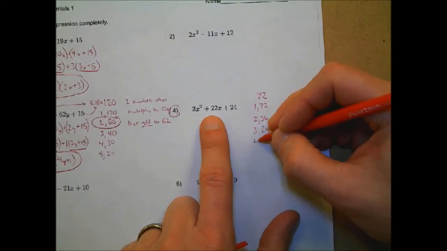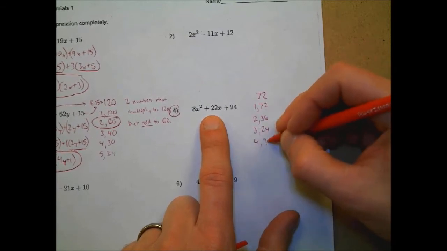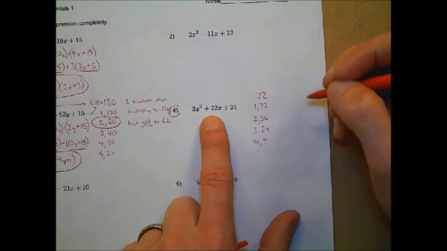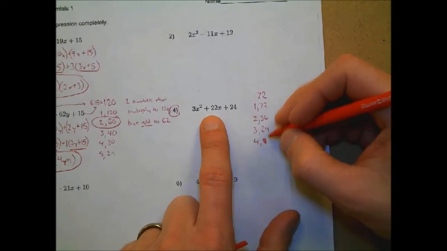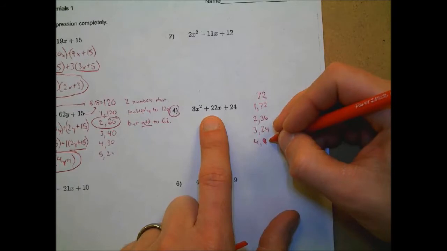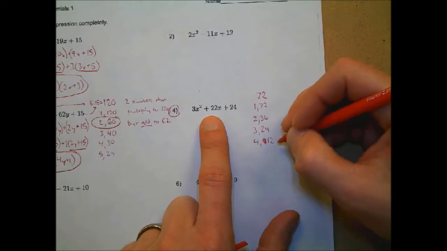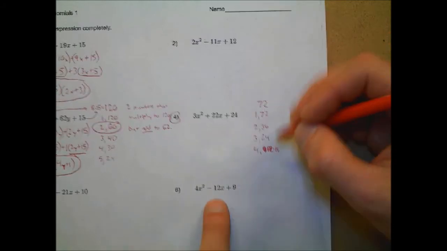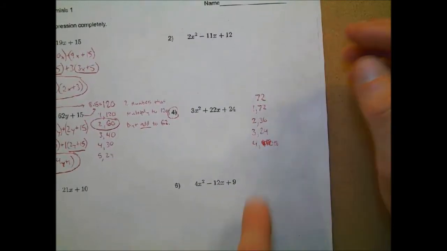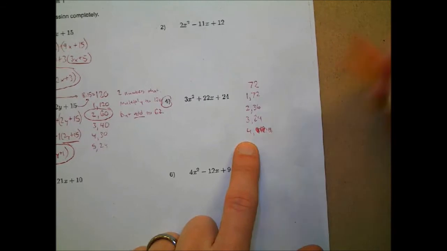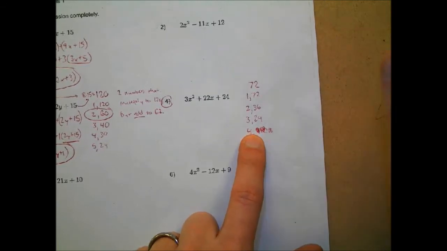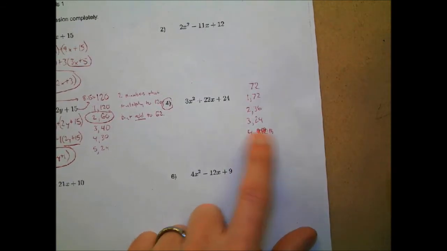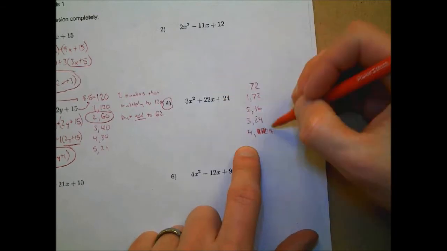Yes, it's 4 and 18. Sorry about that, folks. Brain fart there. Are we done? No, we're not done with the work, but we found our pair, right? 4 and 18. They add to 22, so that's our answer.